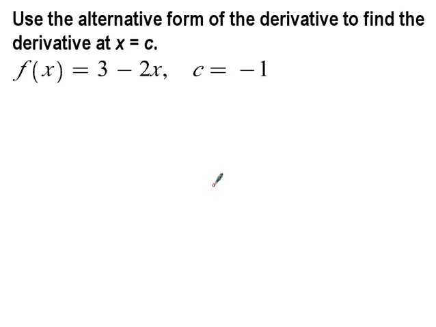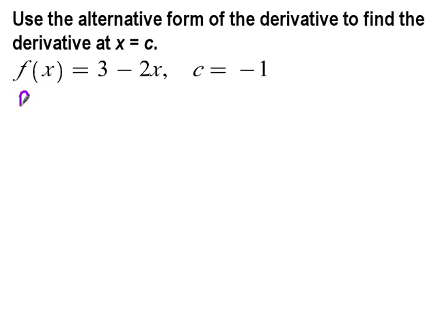So if we look at our formula, we need to know f of x and we need to know f of c. I've already got f of x. Now what I need to do is find f of c.